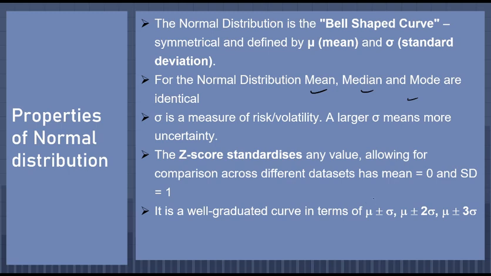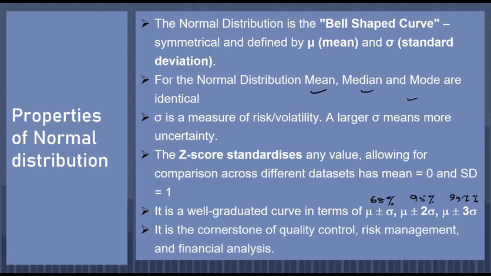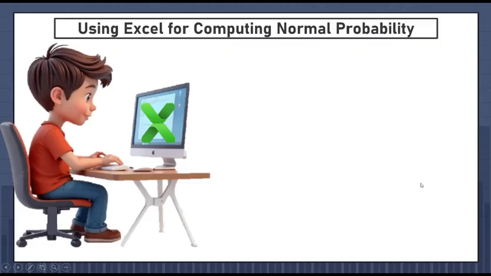And you already know that this is 68% till mu plus minus sigma, 95% for mu plus minus twice sigma, and 99.7% for mu plus minus thrice sigma. And it is the cornerstone of different aspects of business research, including quality control, risk management, financial analysis, and several others as well.